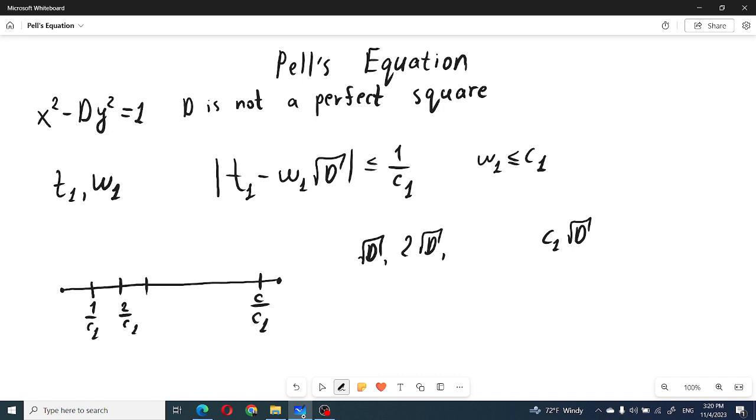It is clear that none of them must be here, otherwise we can find some t1 such that t1 minus w1 square root d will have absolute value less or equal to 1 over c1.